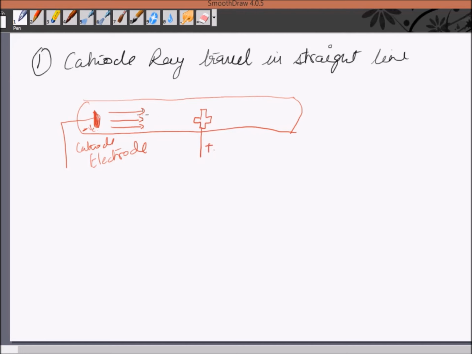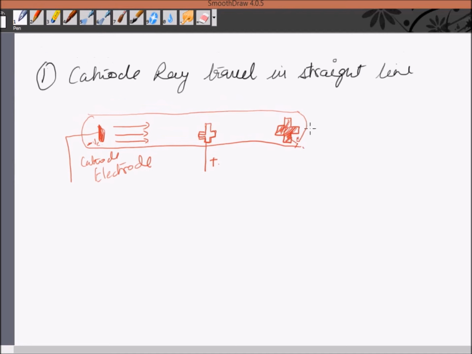So what happens when the rays fall on this plus sign? There's a big shadow at the end of the tube. Yes, so this is the shadow of the metal cross.